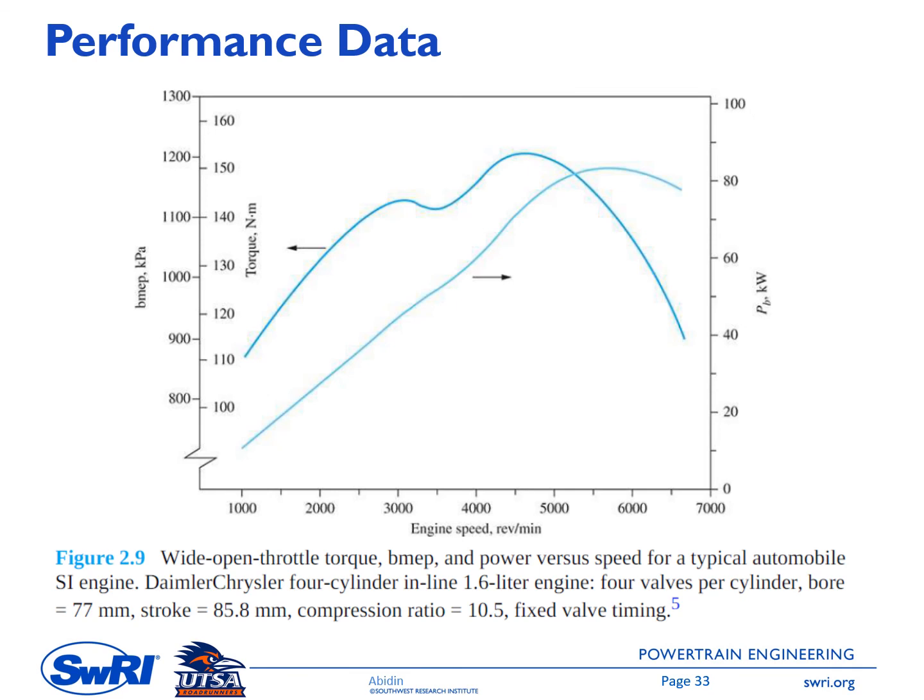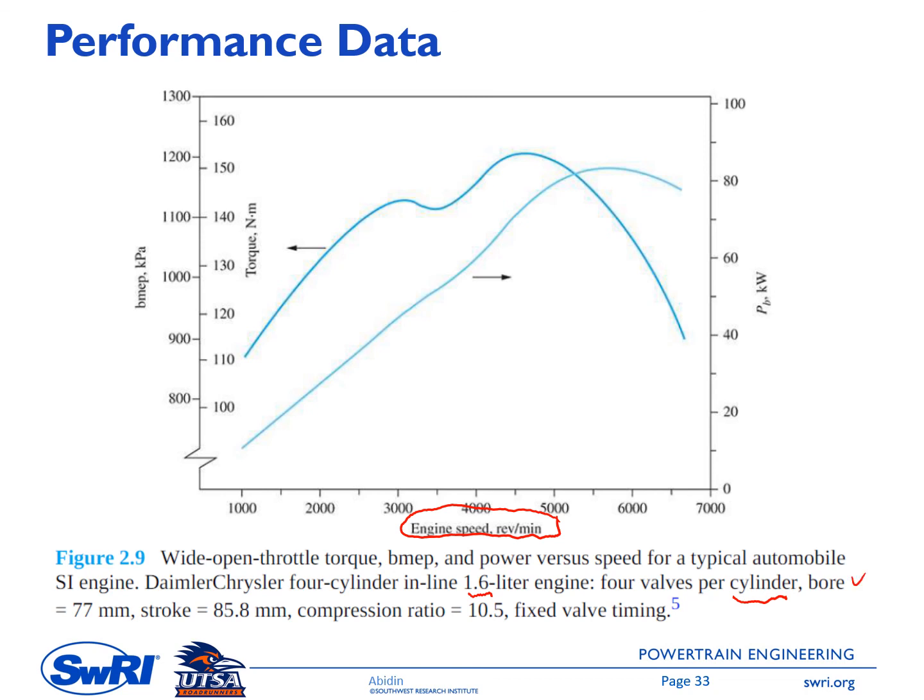This is the typical BMEP and torque as a function again of the engine speed, and this data was taken from a Daimler Chrysler 4-cylinder inline engine. The displacement is 1.6 liters. It has 4 valves per cylinder, 2 for intake and 2 for exhaust.